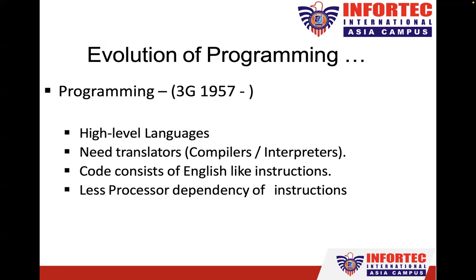If we have a translator, we can use English-like instructions from our side, and from the computer side they can use zeros and ones, because we have the translator for both parties. Without any issue, each can use their own thing to handle these computer programs. Those were introduced in this third generation. That is what you should focus on in the evolution of programming: what happened to programming in each generation.